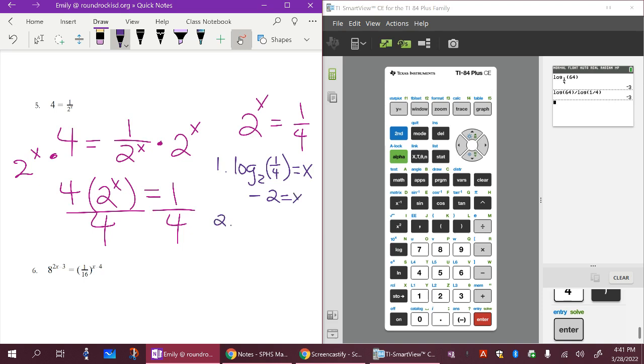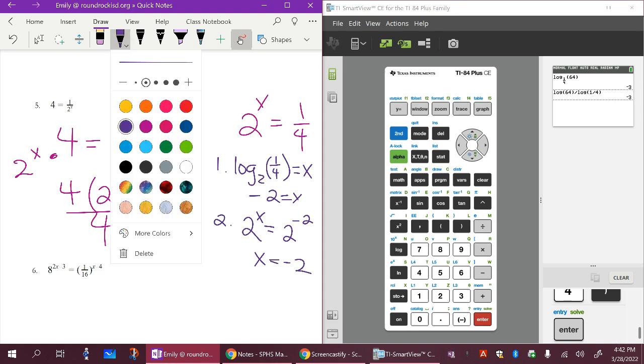The other option, which we can do if we recognize 1/4 as 2 to the negative 2. If the bases are the same and they're set equal, that means the exponents are the same, so x equals negative 2. So either way, we can get it from there.